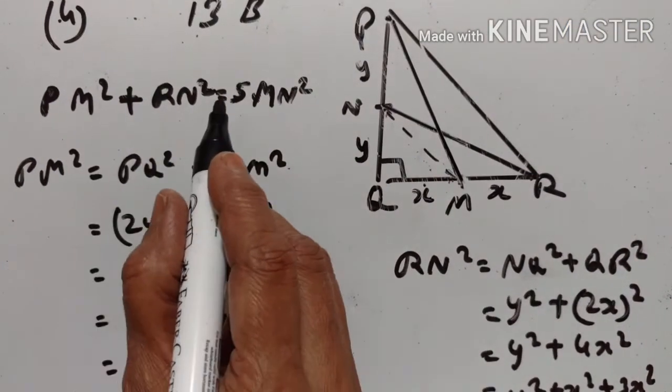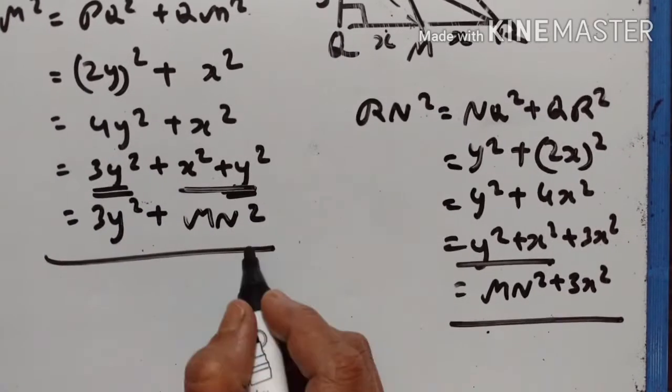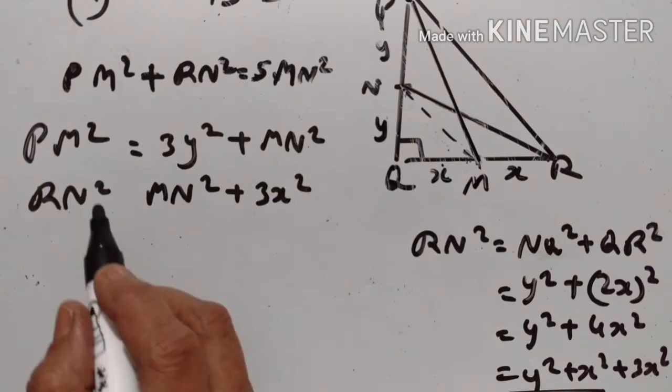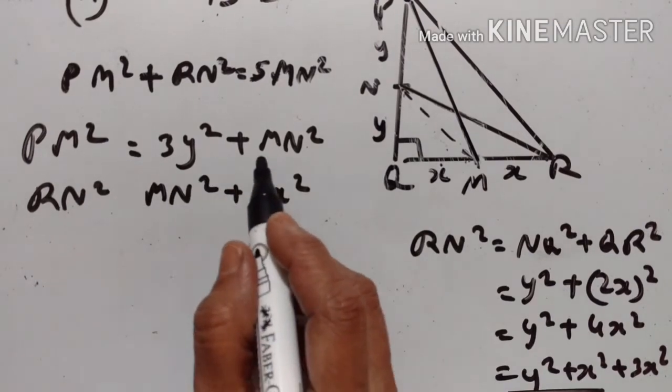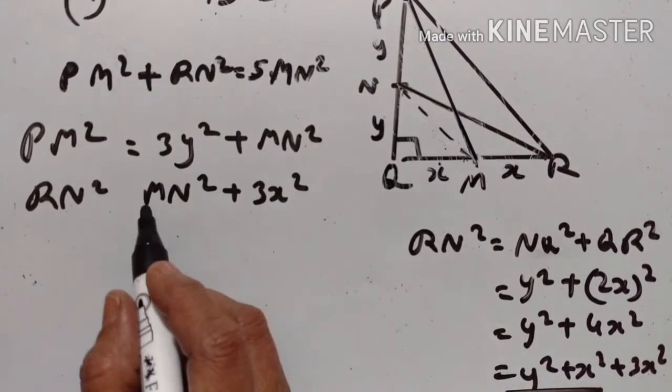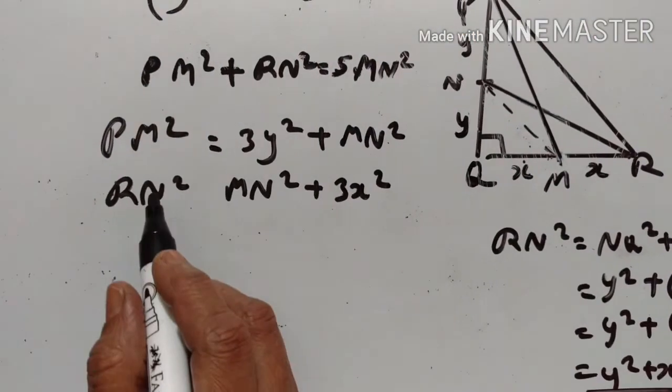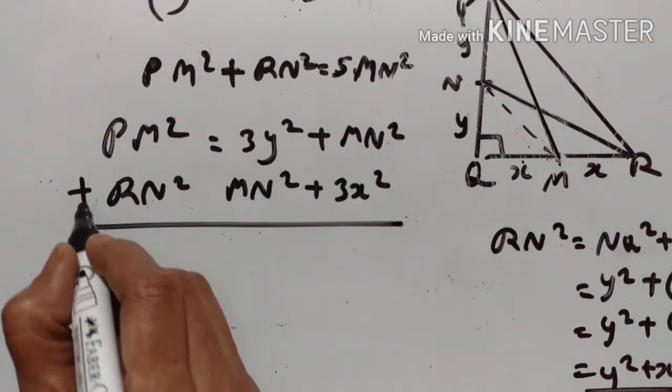Now PM square plus RN square. This is PM square, this is RN square. Let us add them. Now PM square is equal to 3y square plus MN square and RN square is equal to MN square plus 3x square. So if we add them, what do we get?